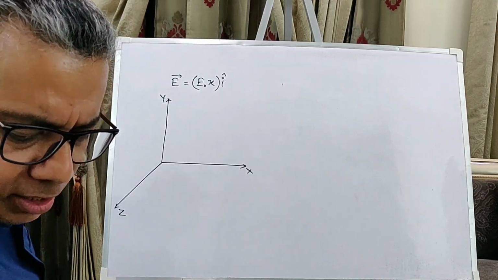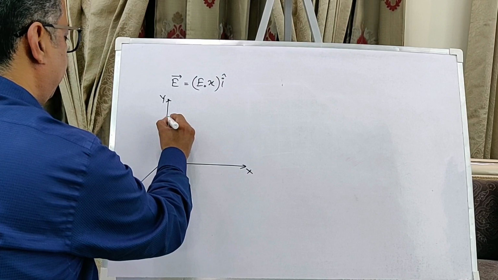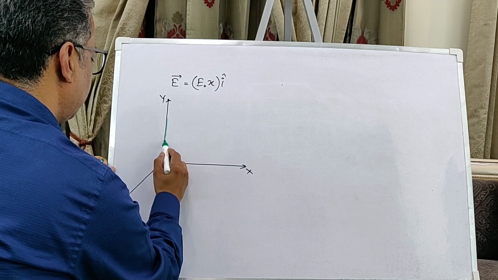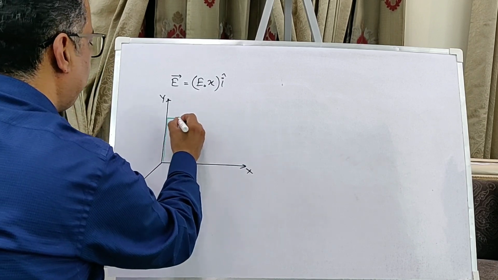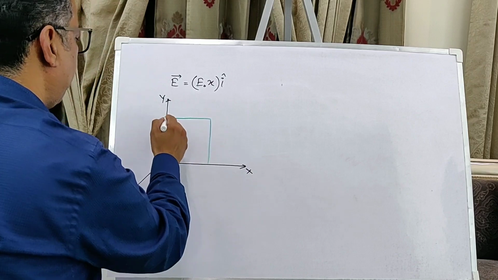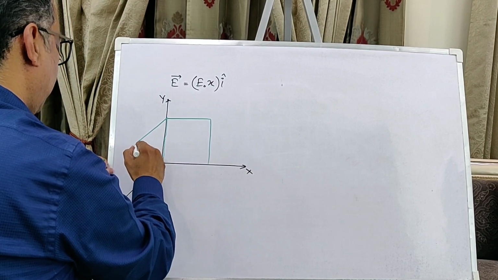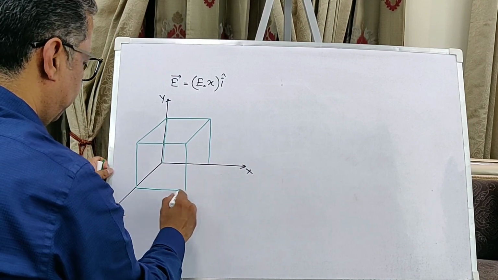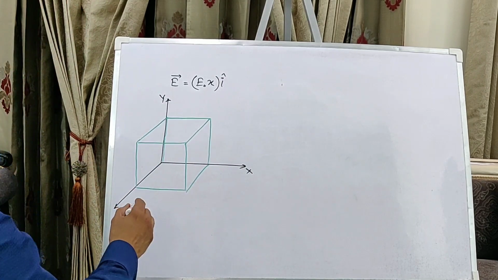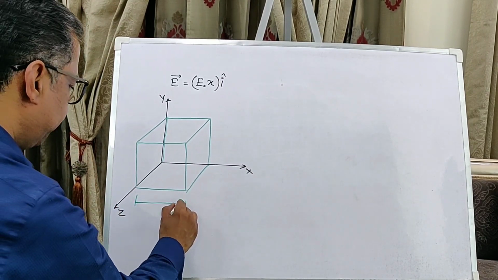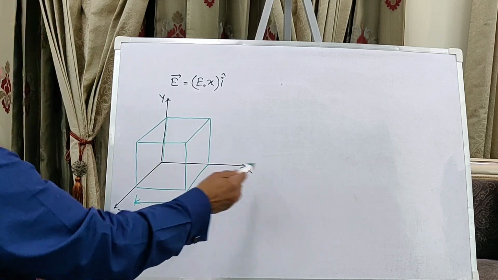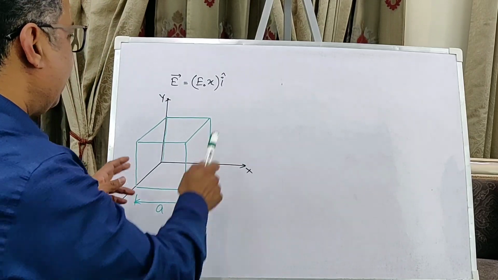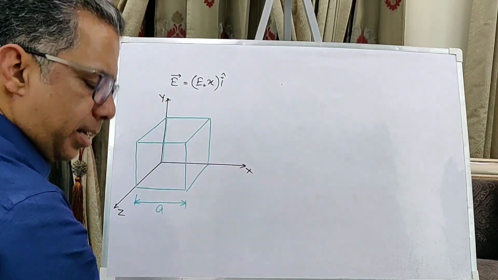So we are placing a cube here, and this cube has an edge length A. This is the x-axis, y-axis, z-axis, and this is the electric field in this entire region.